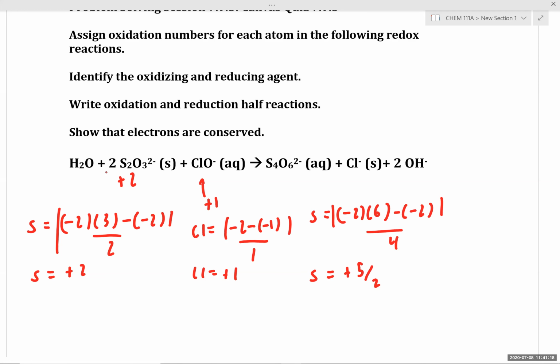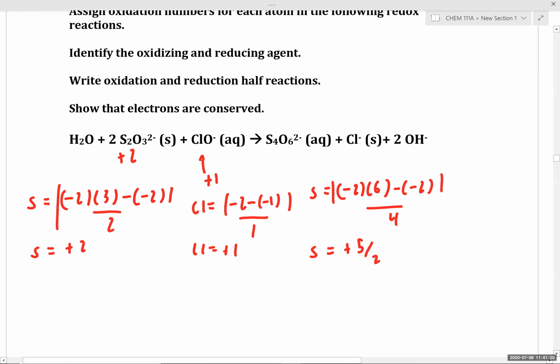Perfect. Even though it may seem a bit odd that we have a fraction for our oxidation number, that is one quirk of oxidation numbers, in that sometimes the electron density can be distributed across multiple atoms in your compound. So we end up with these fractional oxidation numbers. And we'll see partially why that is when we look at chemical bonding.